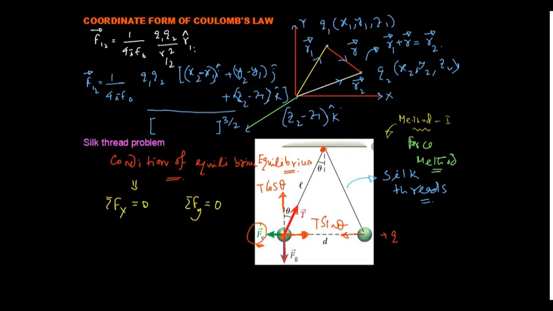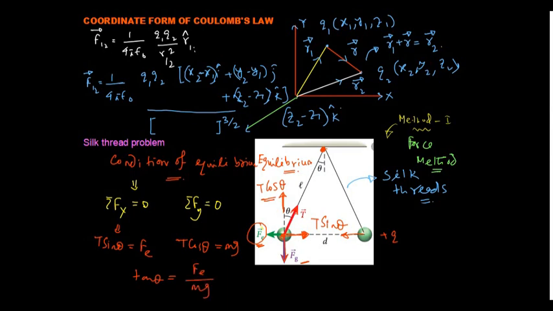So T sin theta is equal to Fe. Similarly, from Fy, T cos theta is balancing the force due to gravity, so T cos theta is equal to mg. If I divide, we get tan theta is equal to Fe by mg, right?